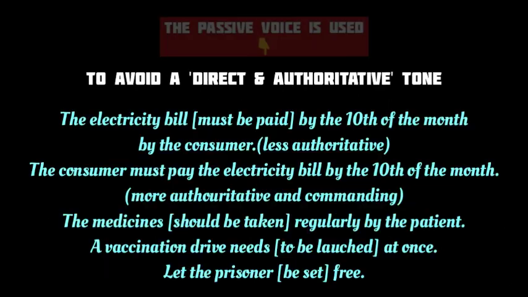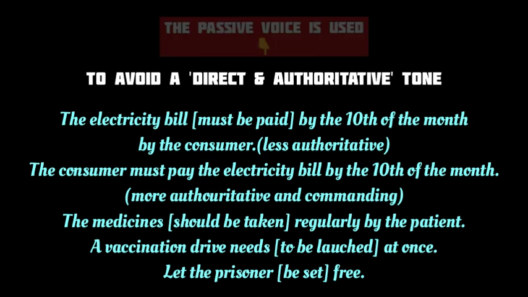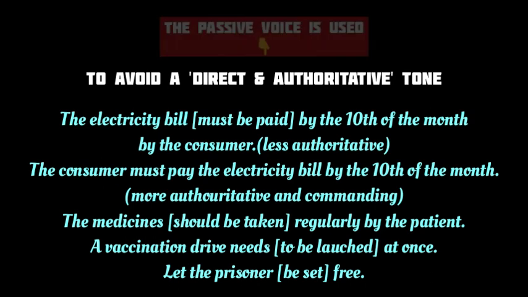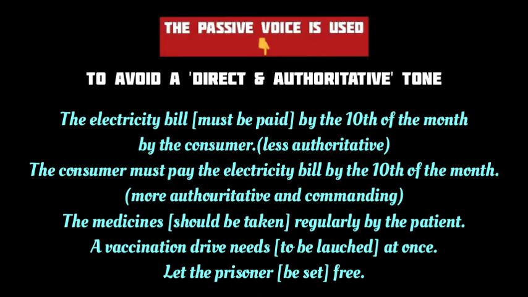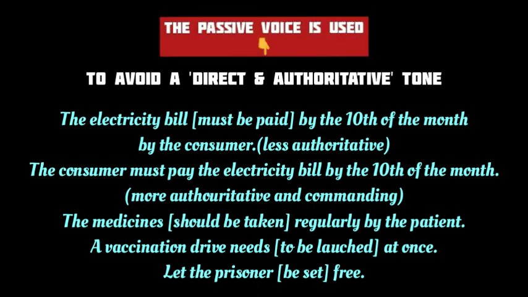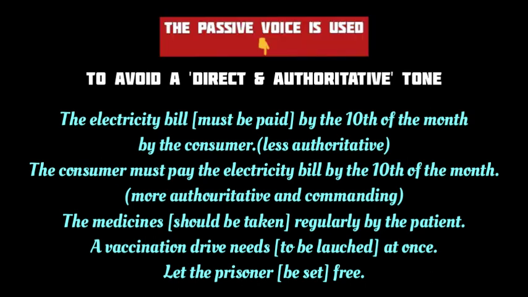has been used. The passive voice is also used to avoid a direct or authoritative or commanding tone. For example, the passive construction, the electricity bill must be paid by the 10th of the month by the consumer, has a less authoritative or commanding tone than the active construction, the consumer must pay the electricity bill by the 10th of the month.